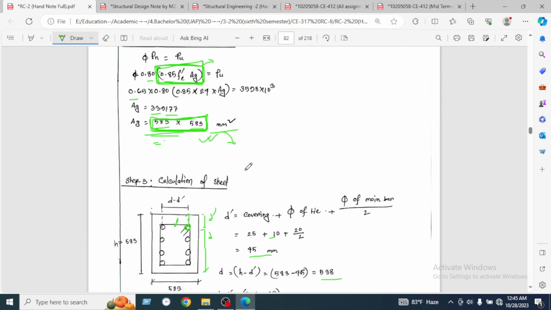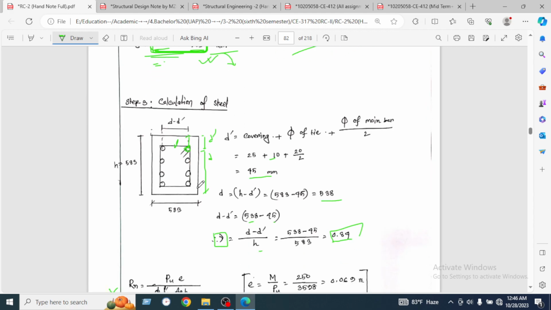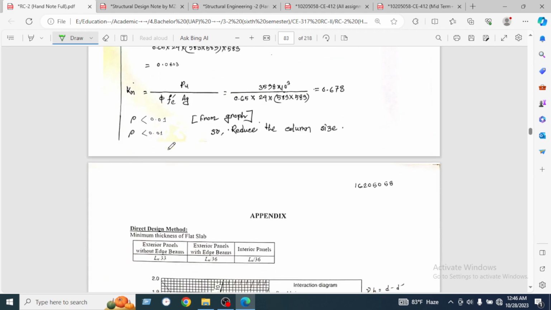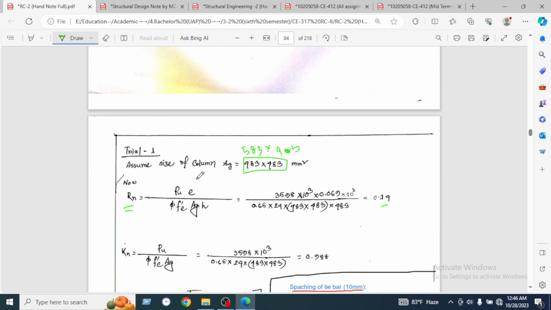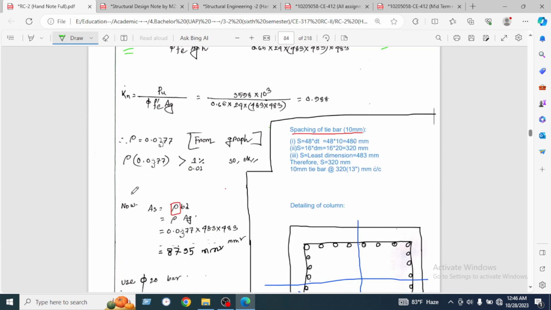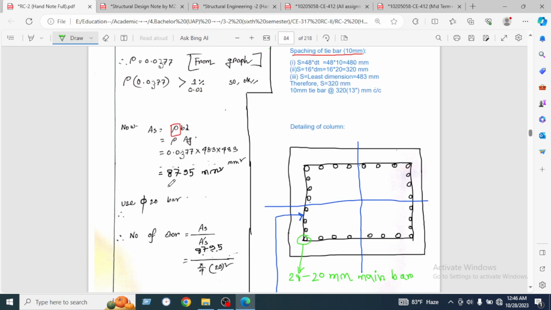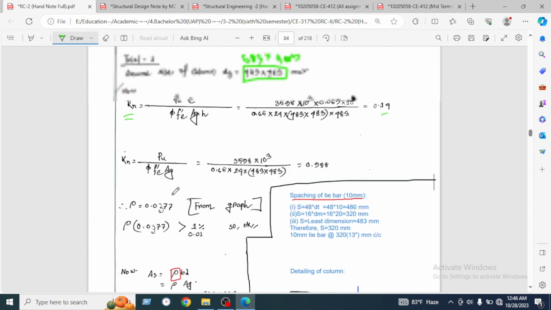Our rho value should be between 0.01 and 0.08. Then we will calculate or find the value of As, but we found here the rho value 0.01 in the first trial. That's why we reduced the column dimension to 483 for the second trial and got the desired rho value 0.03, which is almost 3%. So we got the steel area and number of bars.